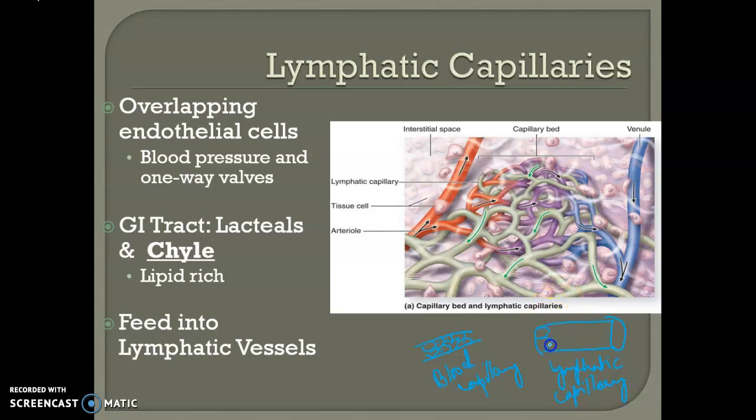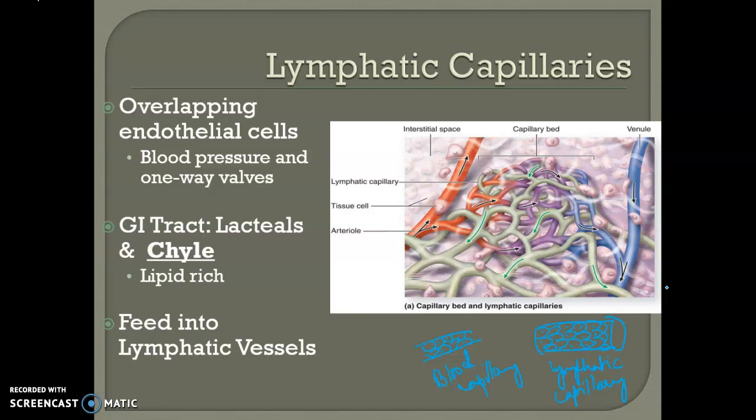And then it is made up of overlapping endothelial cells, like fish scales. Have you seen fish scales? So these cells actually overlap each other like scales in fish. And there is a reason for having these overlapping endothelial cells. These overlapping cells actually work as one-way valves.